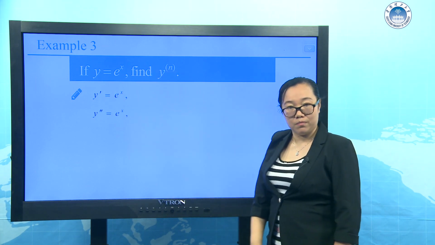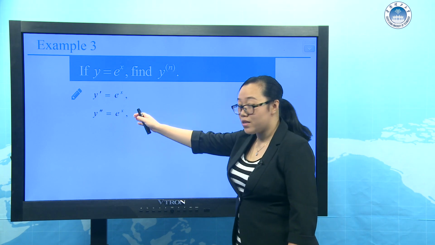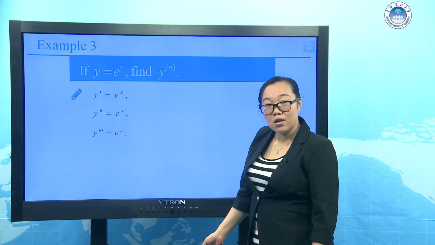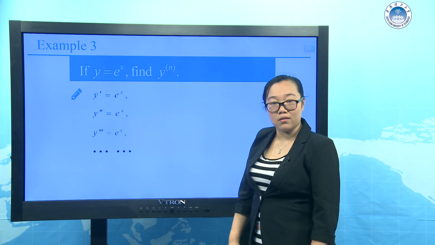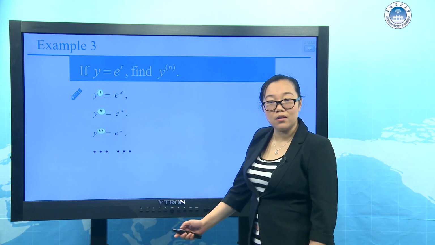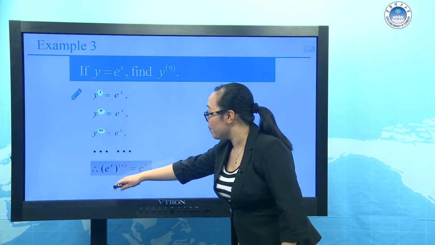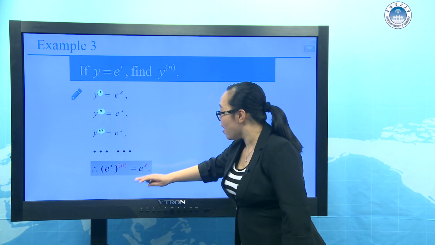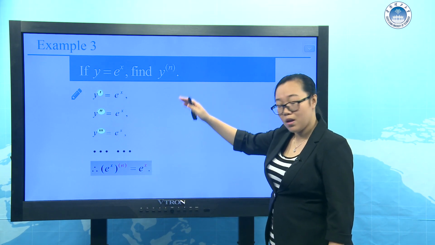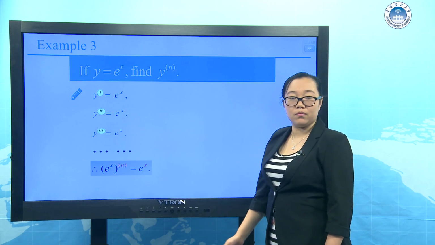So y double prime equals itself again. Similarly, we can get the y third derivative equals e^x. And then we can get first, second, third. Finally, (e^x) to the nth means y nth derivative equals e^x, equals itself.